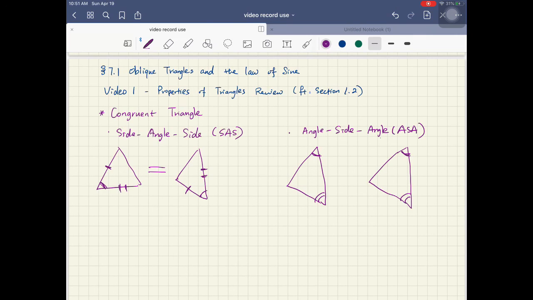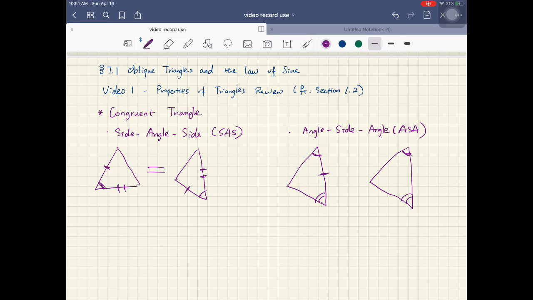The side between those two angles also has the same measurement. That tells me those two triangles are congruent.